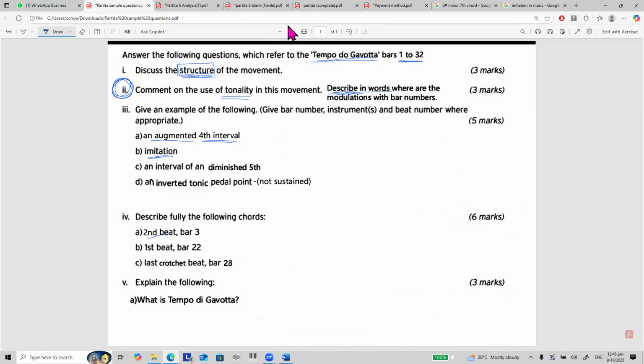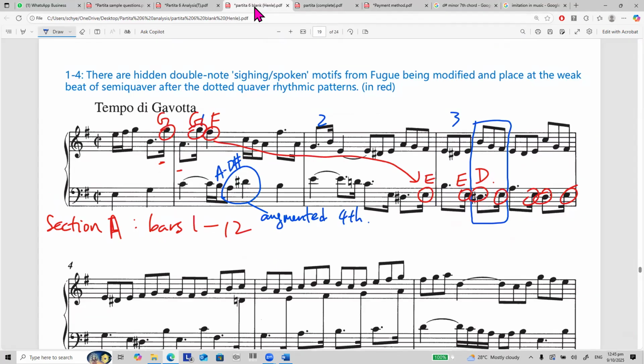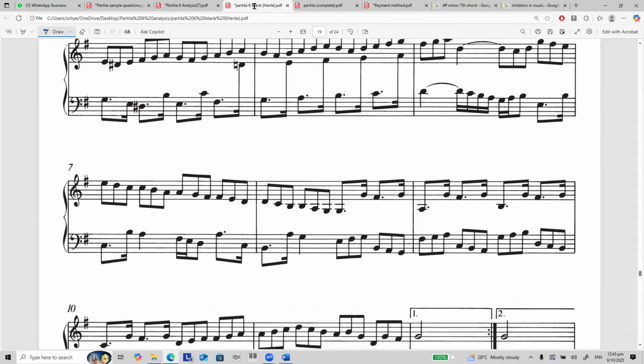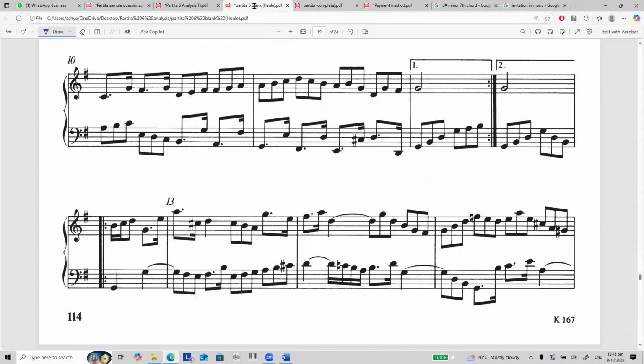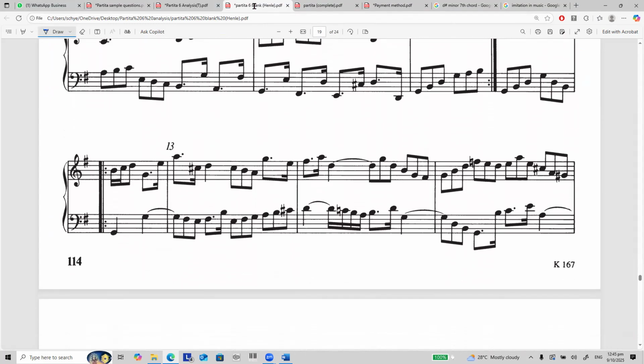So let's look at the imitation. It can be found in bar... If you have the score, you can try to follow us and pause the video. Try to see whether you can find it. Now I'm going to give you the answer. In bars 13 to 15, you should be able to find the imitation, like what I mentioned just now.